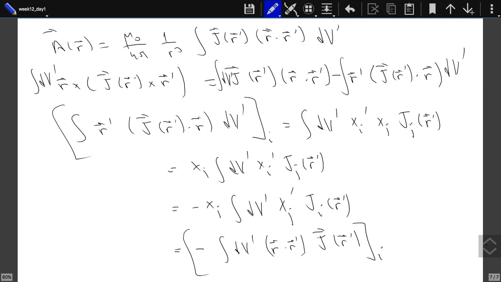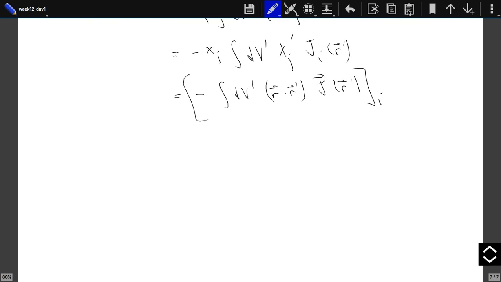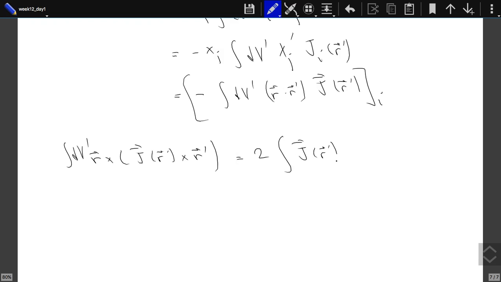And which kind of tells me that this integral over here, this one, is equal to twice j of r prime r dot r prime dv prime, or j at the point r prime, r dot r prime dv prime.